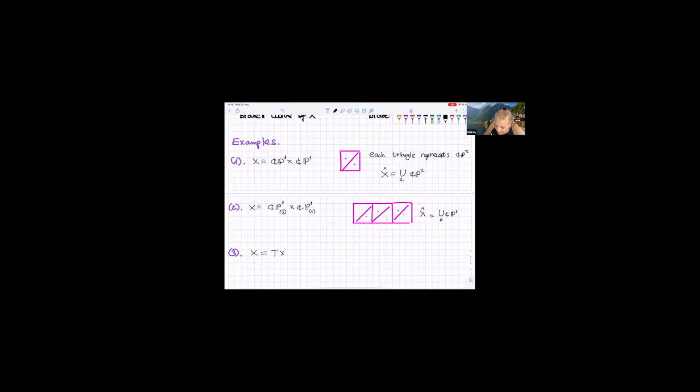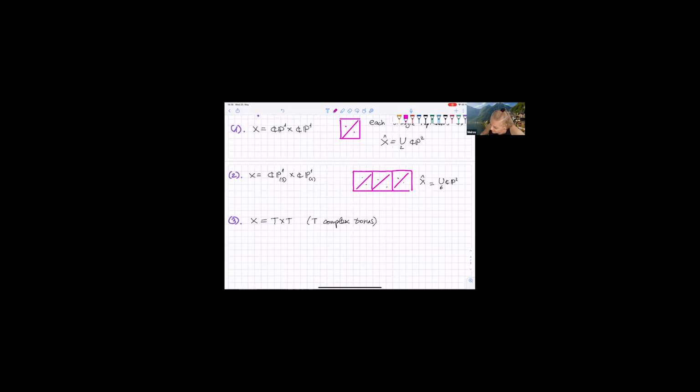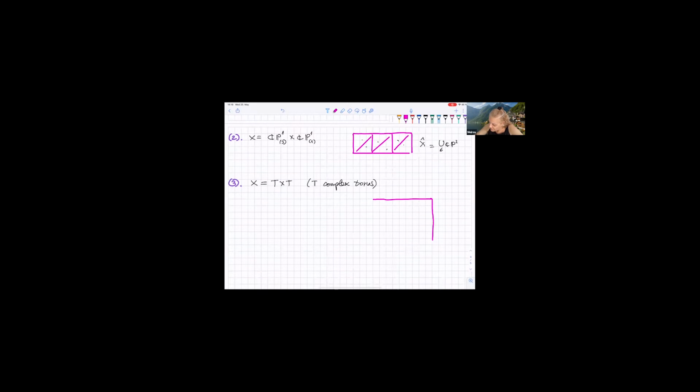It's T times T. I recall that it's a complex torus. And we know that the torus can be degenerated to a triangle. So we can take the first torus, and this is the second torus. I close this square.